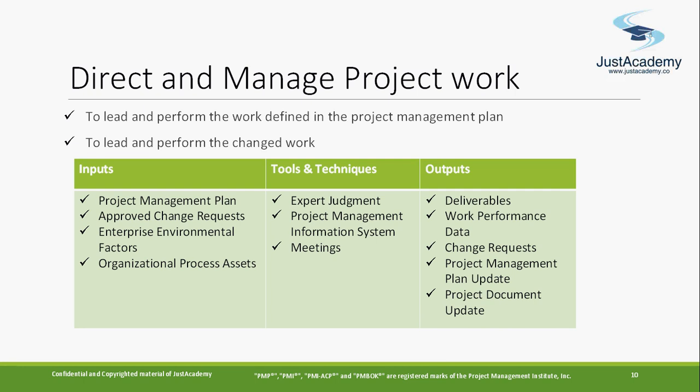So you need a plan to start the next activity, and that's why you have it as an input. Approved change requests: the changes that you want to make and that have been approved are what you will work on during execution. Again, enterprise environmental factors and organizational process assets need to be considered. When doing execution, there are a lot of external factors that can affect your project, such as government regulations or any policy that can come into the picture, which can affect your project and needs to be planned for and considered.